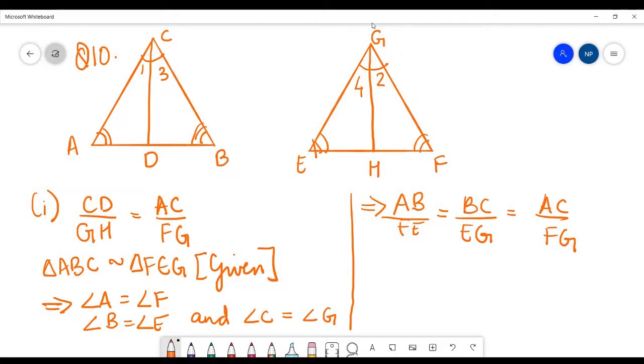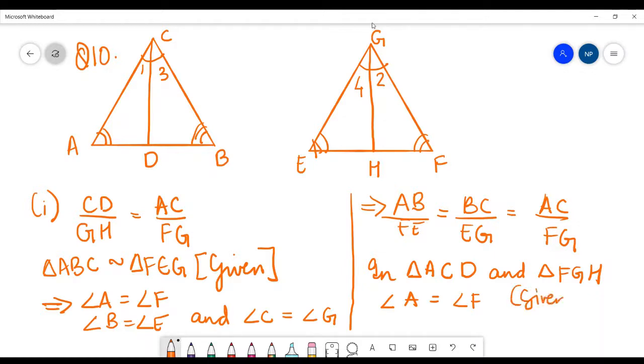So over here in the first part, we will write in triangle ACD and triangle FGH, angle A is equal to angle F, which is given because the two triangles are similar.